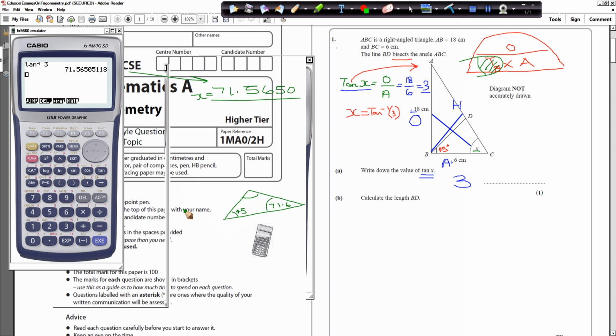We do 180 degrees in the full triangle. 180 minus 45 minus the above answer.